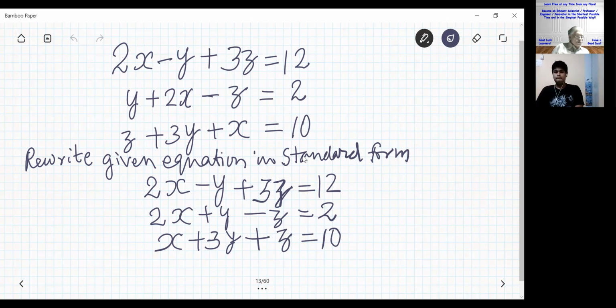This one, you make a correction here. That is the third equation, you know.